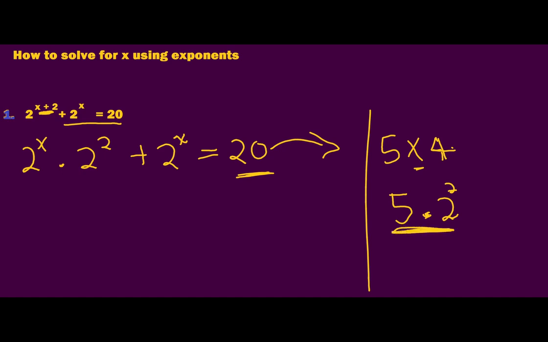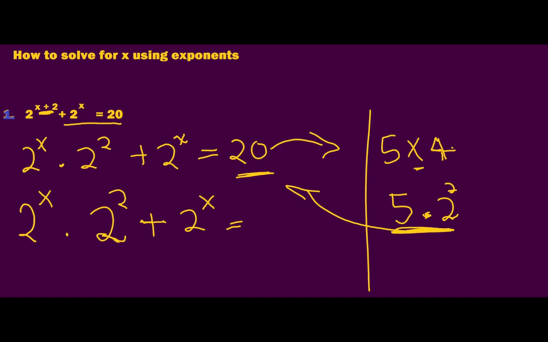So we're going to have 2 to exponent x times 2 to exponent 2, plus 2x, equals 5 times 2 to exponent 2, right?